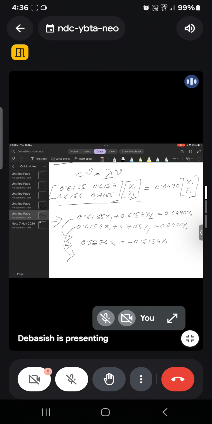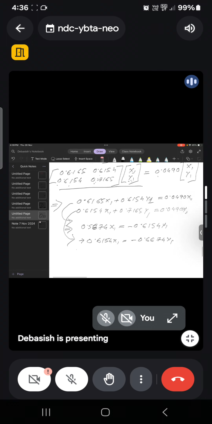And from this we will get 0.6154 x1 minus 0.06674 y1. Okay, so we will get these two kinds of equations, with x1 related to y1.